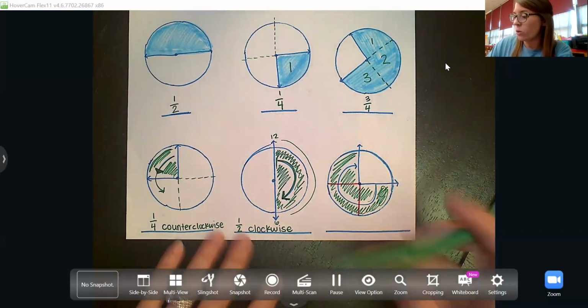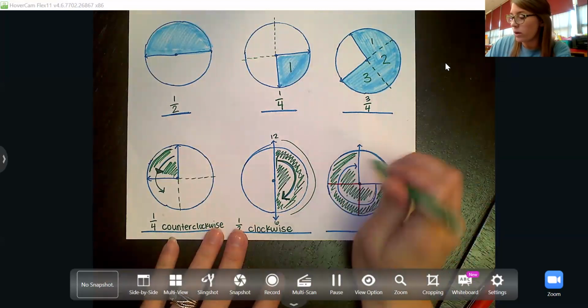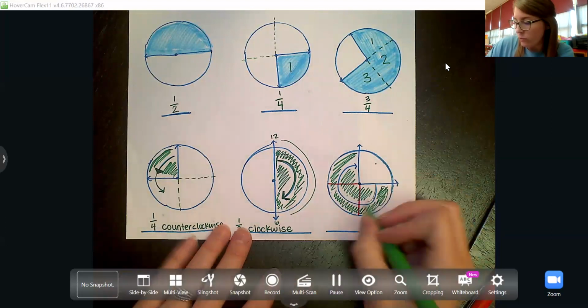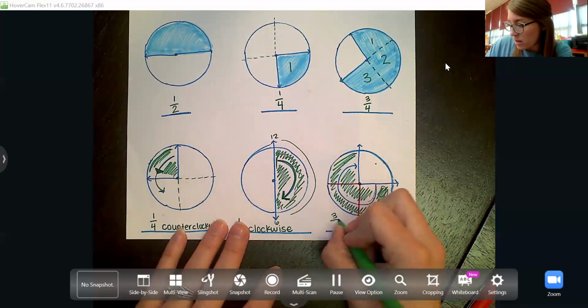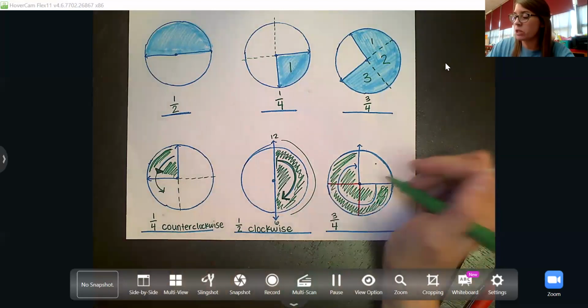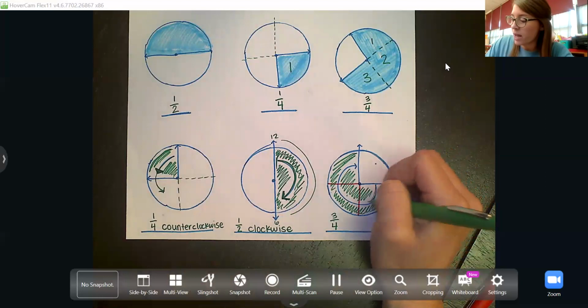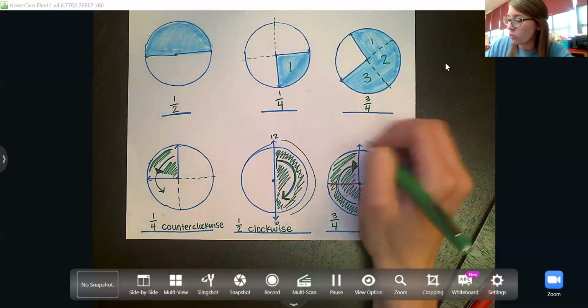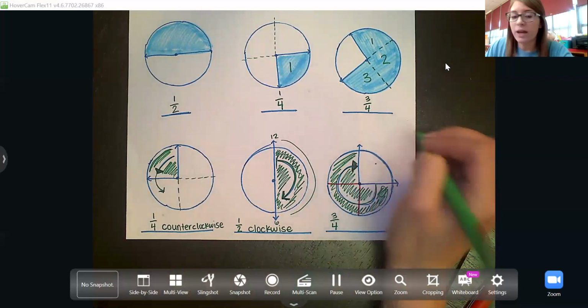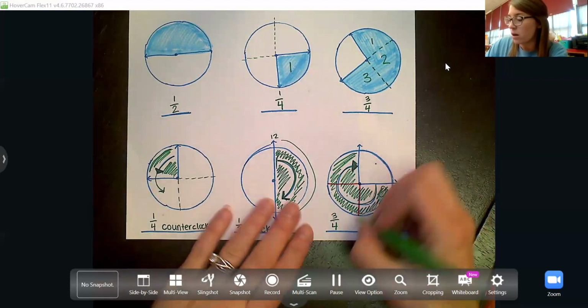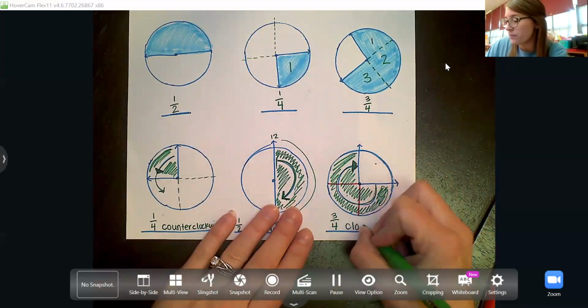Very good. We've got 4. 1, 2, 3, 4. How many are shaded in? 3/4. Very good. So 3/4 of a turn, but what kind of turn? So again, we're going to look at that arrow. It's going this way. So if the arrow is going to the right, what kind of turn is that? Very good. Clockwise is correct.